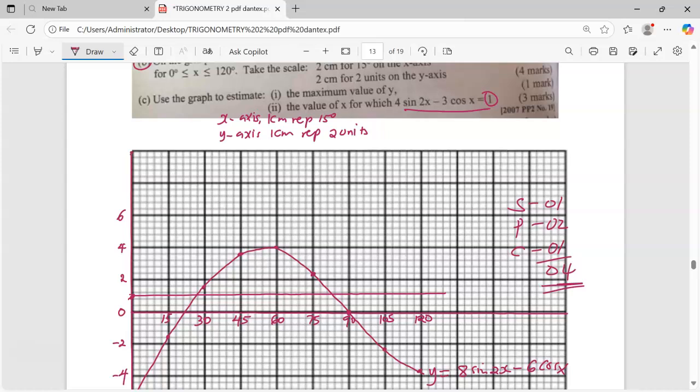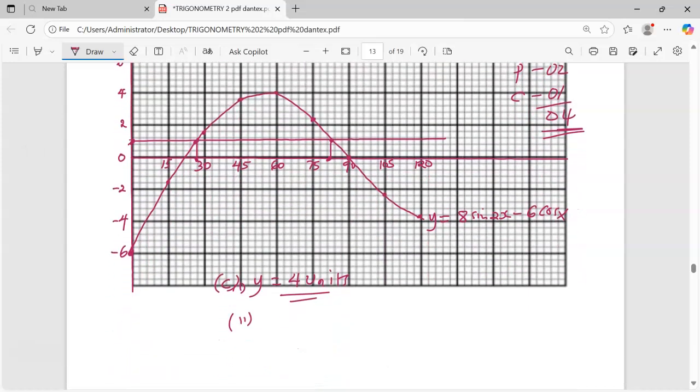So at that point we look at where the line is going to intersect with the curve, and use these points to give the solution. This is where we are going to have the first value of x. As you can see there, the first value of x is roughly at, this is 15. Then between 15 and 30 we have 15 units. That means one small box is equivalent to.